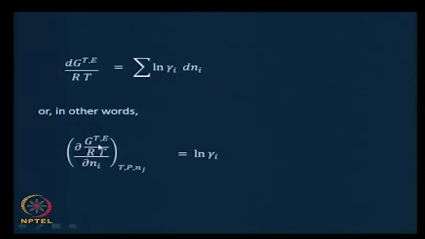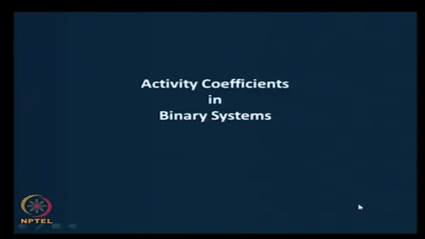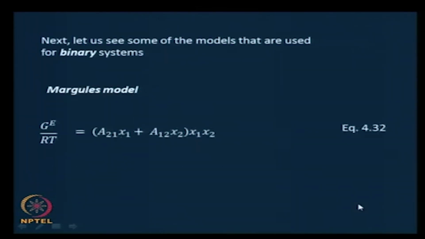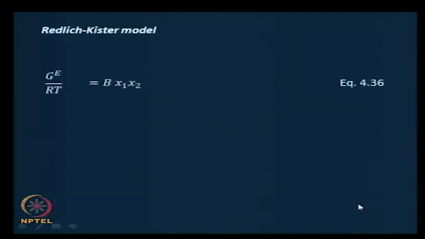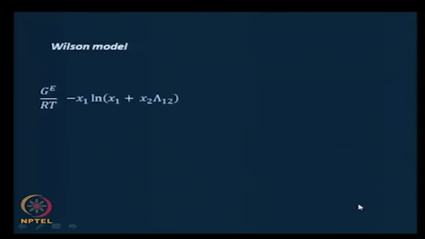Dou n I G E by RT at constant T, P and n J was ln gamma I, and we saw various models, the Margules model, the Redlich-Kister model, Van Laar model, and the Wilson model for activity coefficients in a binary system alone.